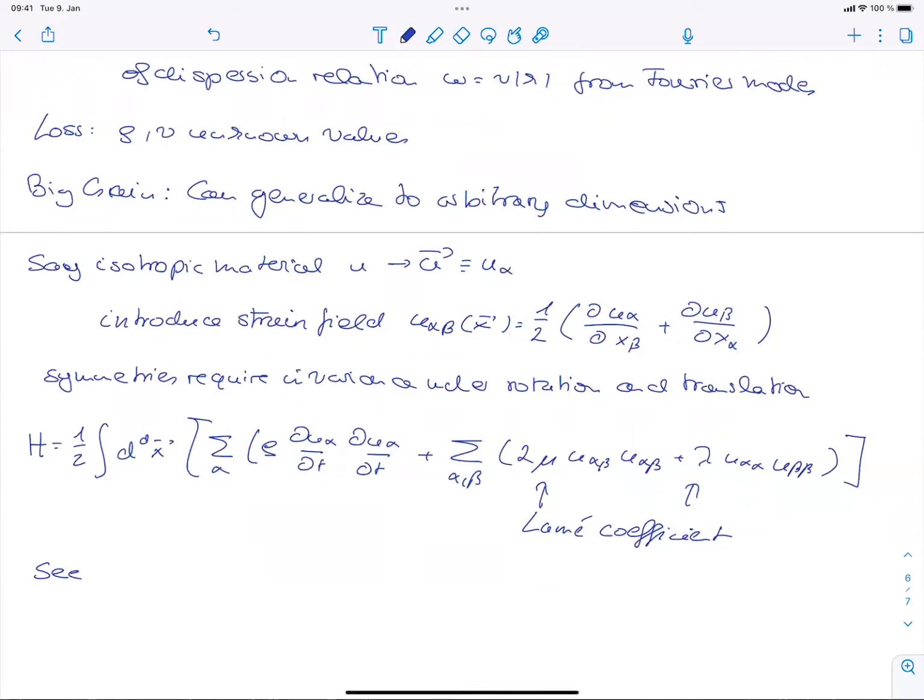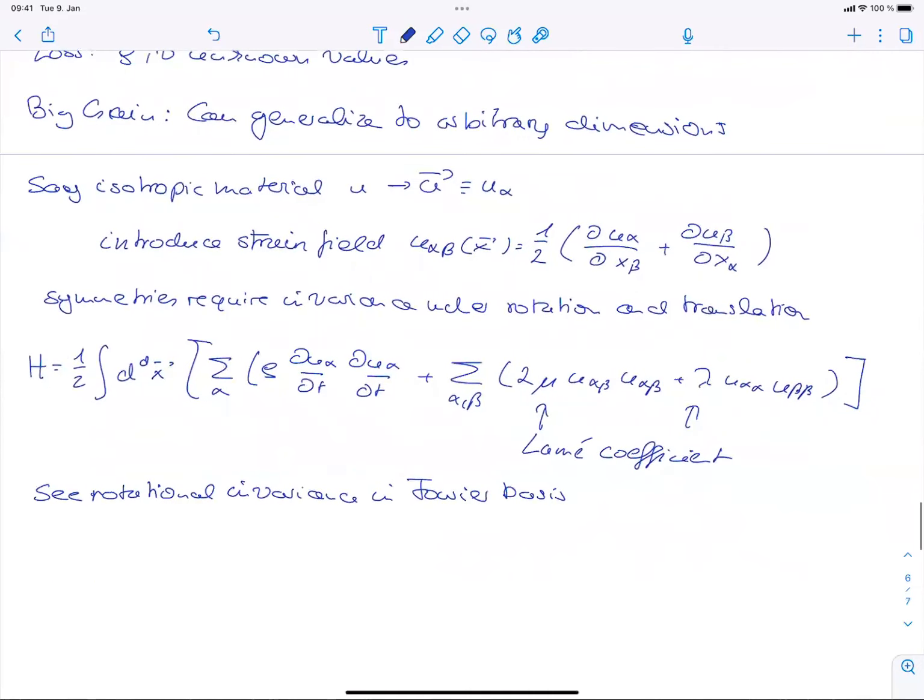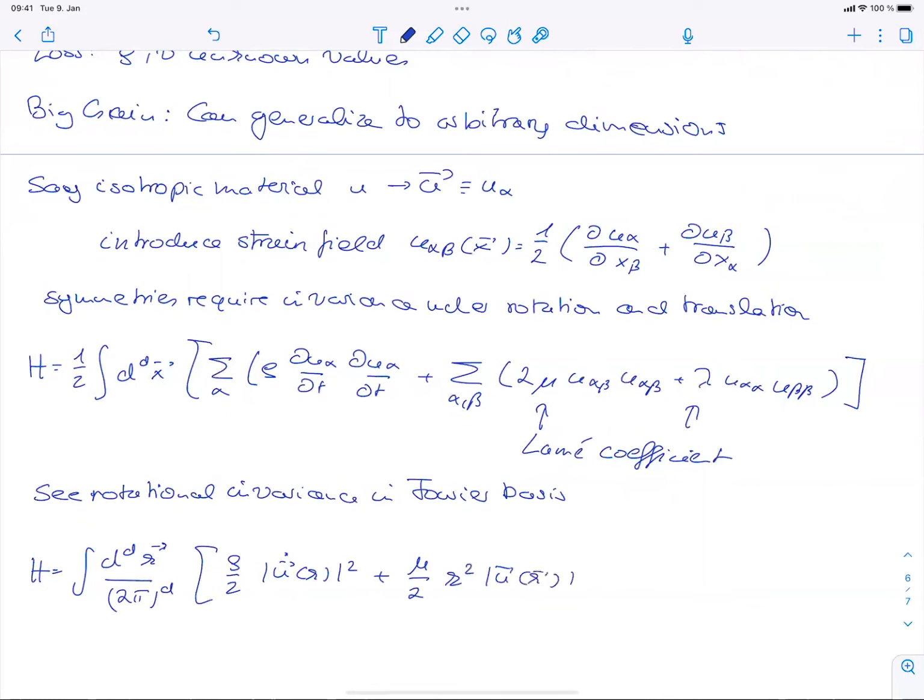But the cool thing is that we see the symmetries popping up in the system. So we see the rotational invariance in Fourier basis, which is mu over 2 a k squared u over k squared, plus lambda, and this is k squared.